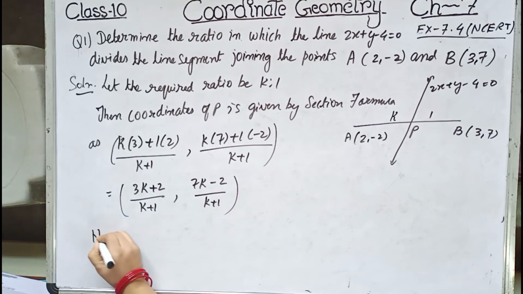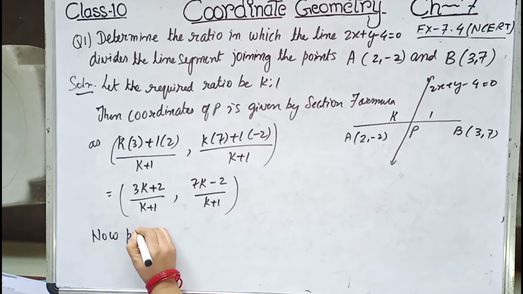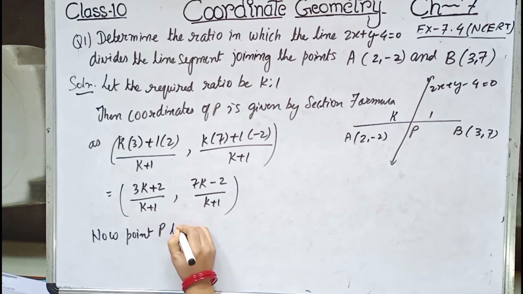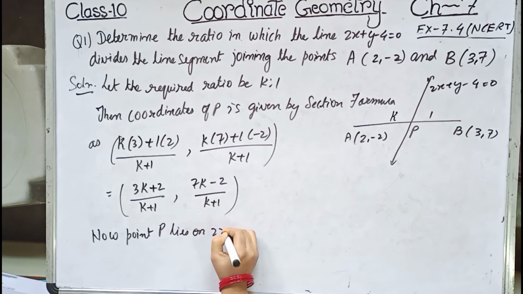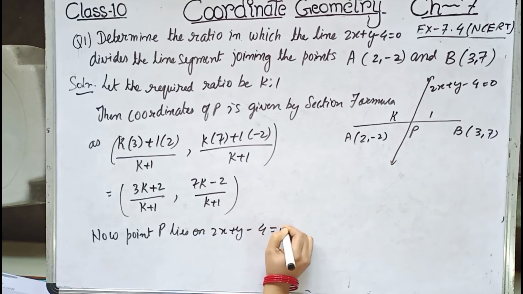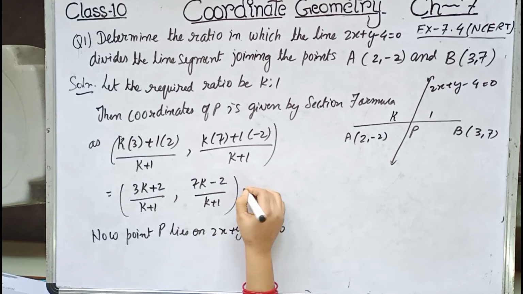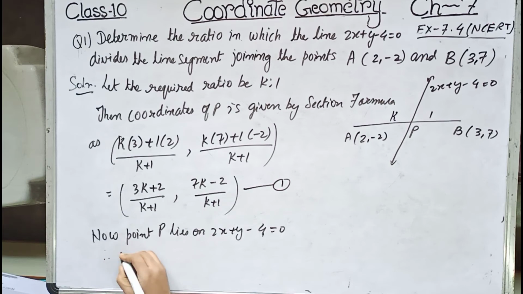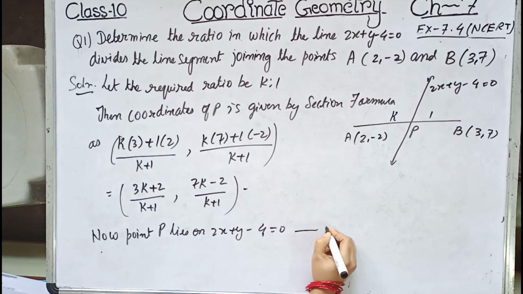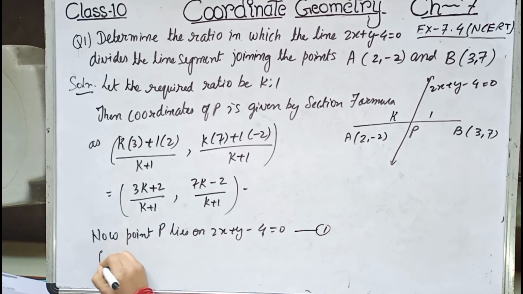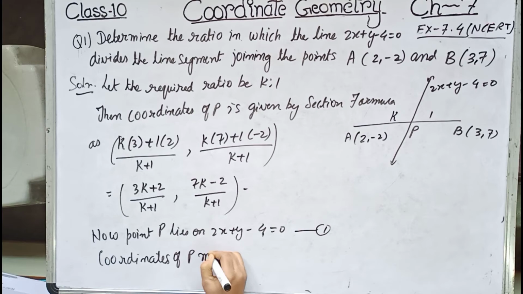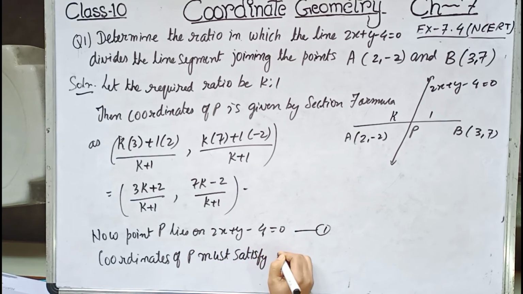Now point P lies on 2x plus y minus 4 equals 0. Therefore, the coordinates of P must satisfy this line.